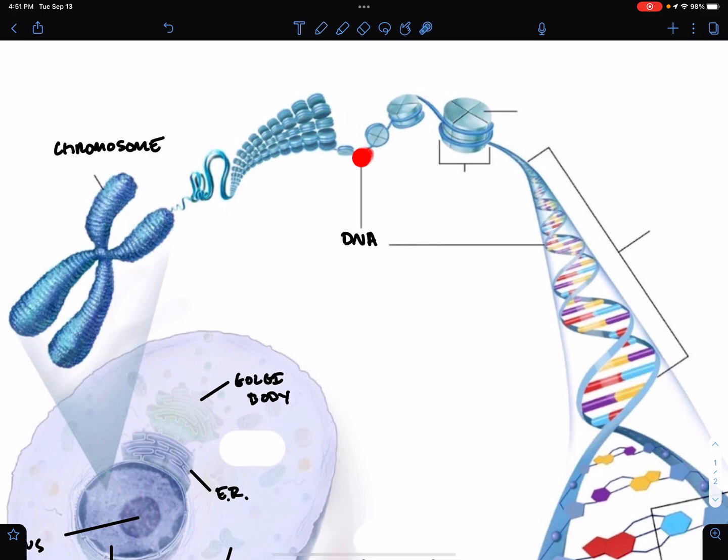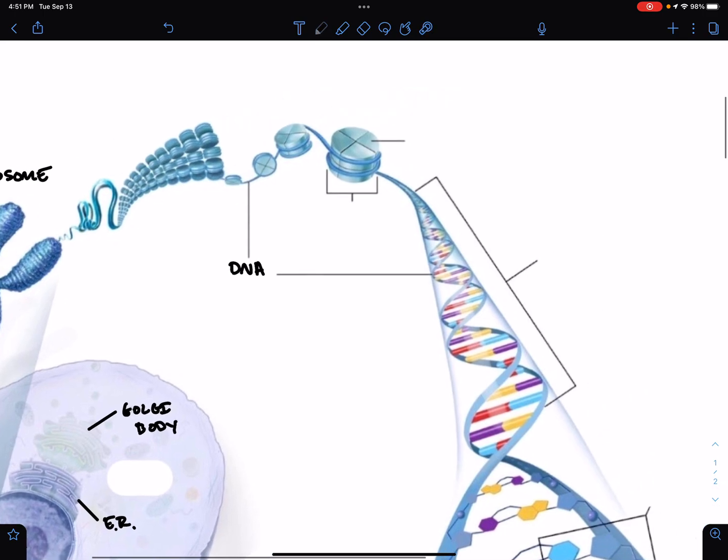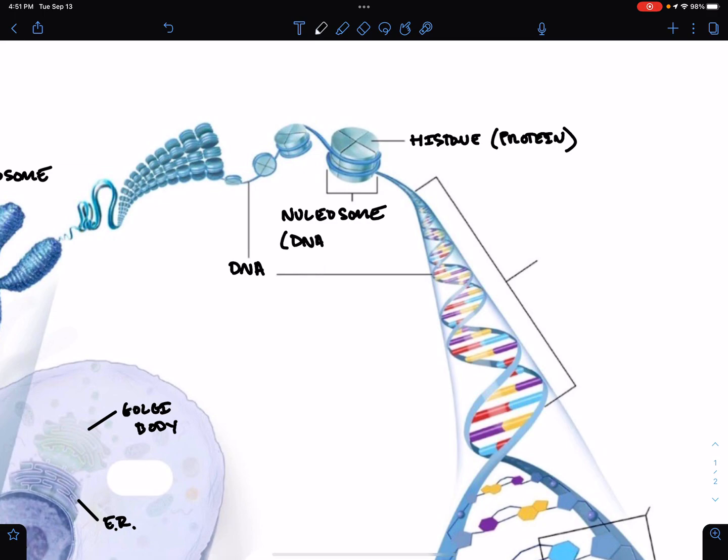It looks like string. This is the protein. Specifically, the protein is called a histone. And the structure of DNA wrapped around this histone is called a nucleosome. So a nucleosome is DNA plus protein, or I guess I should say DNA plus histone specifically.